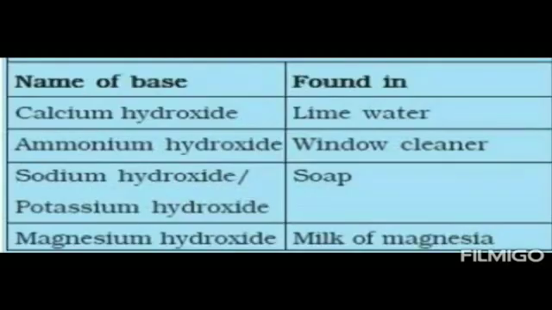Some bases and the substances in which they are present are given here. Substances, bases: lime water, calcium hydroxide; soap, sodium hydroxide or potassium hydroxide; glass cleaners, ammonium hydroxide; milk of magnesia, magnesium hydroxide.